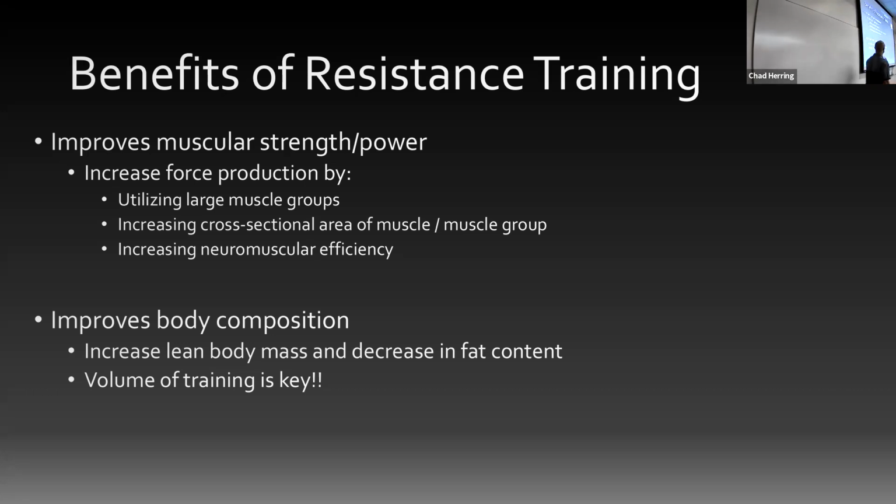All right. In general, resistance training will increase the cross-sectional area of a muscle. Can anyone explain what cross-sectional area is? It's size in simple terms, but have you ever been to the deli section at Publix where they slice the meat?